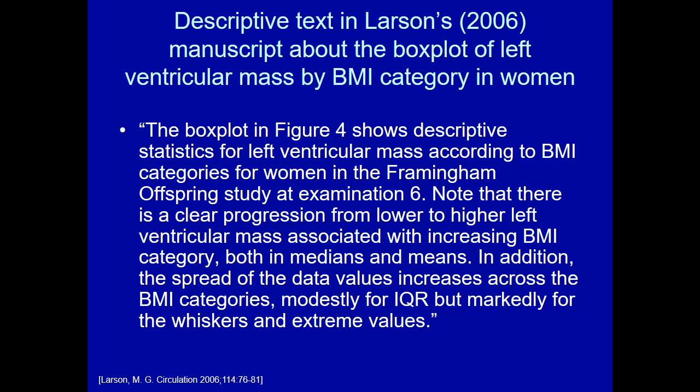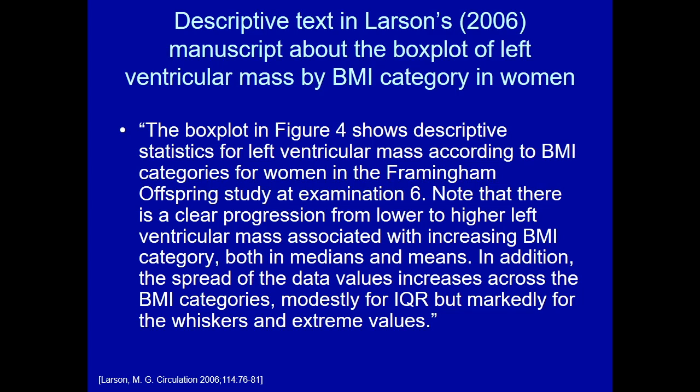A descriptive text of that box plot comparing the 4 categories of BMI is shown here. This is taken from the article itself. So the box plot in figure 4 shows descriptive statistics for left ventricular mass according to BMI categories for women in the Framingham Offspring Study at examination 6.